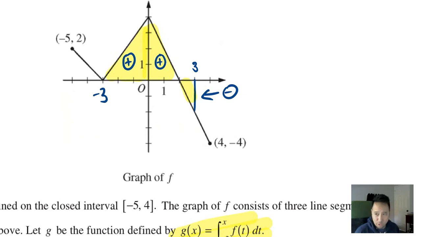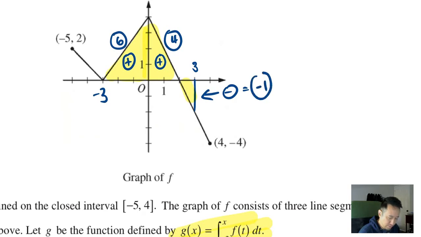So area of a triangle, 1/2 base times height. The area of the first triangle, I'm going to mark it right here. This area, I believe, is 6. That's from -3 to 0. And I have another one represented from 0 to 2. This is a value of 4. And the area for 2 to 3, which is underneath again, is a value of -1.